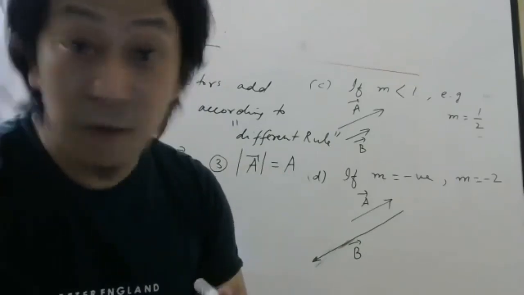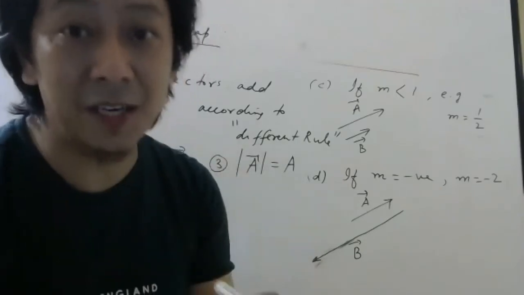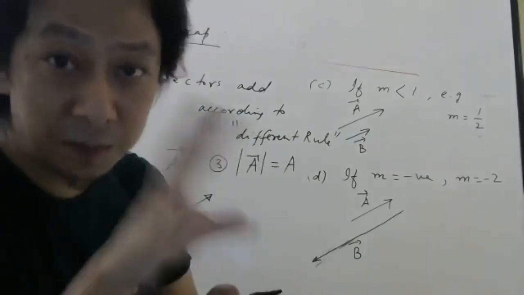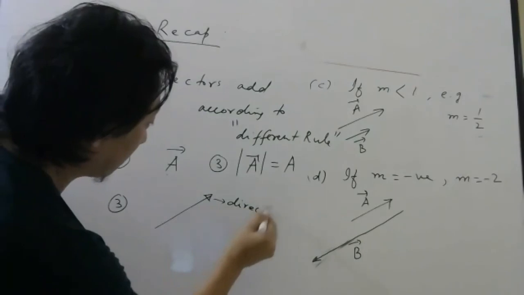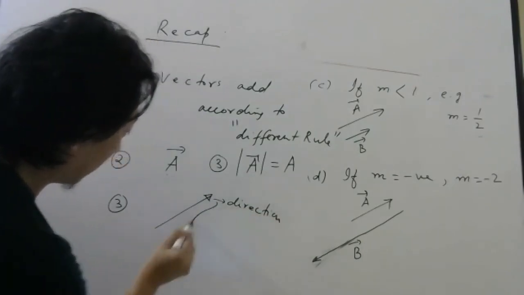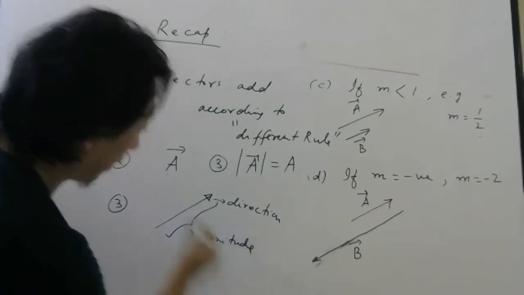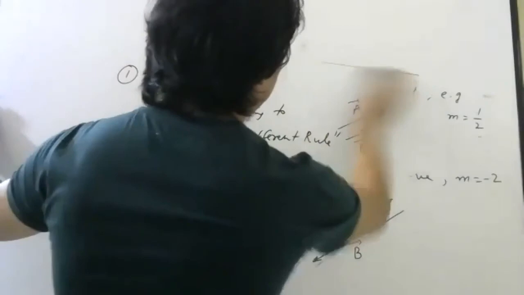So I want to think about vectors, so we have made a picture for vectors. And the rule given to the picture is this: the arrow will give you direction, the length will give you magnitude.